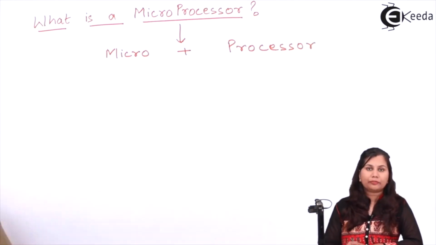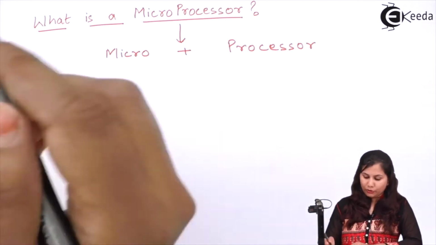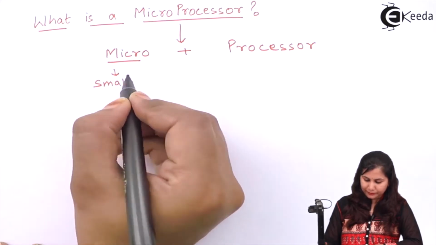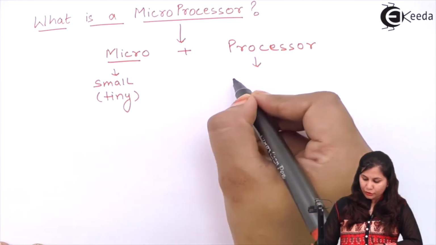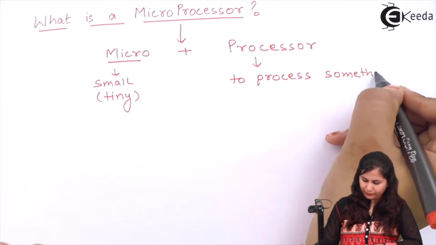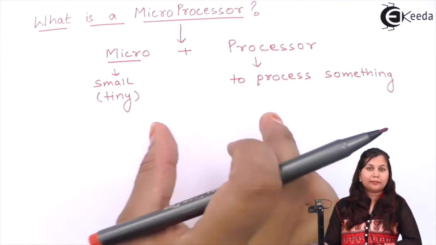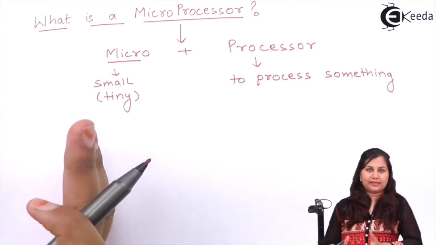The word micro means small, or we can say tiny, and processor means something which processes whatever it is given to it. So if we combine this, it means that a microprocessor is a small device which is processing something.